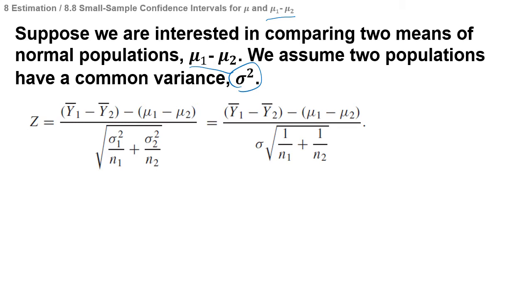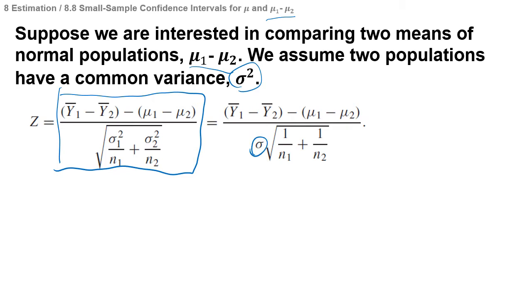In this case, to do the inference, what we know is that this thing follows the standard normal distribution Z. However, we don't know sigma.